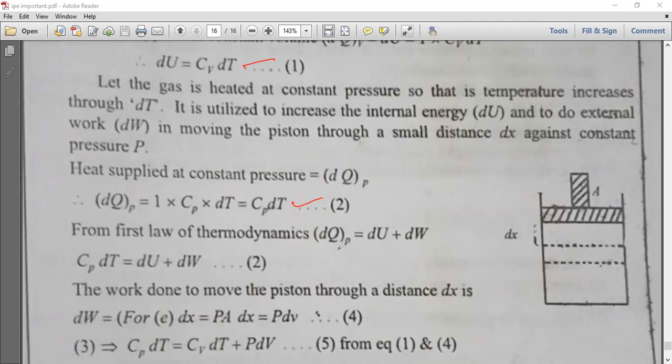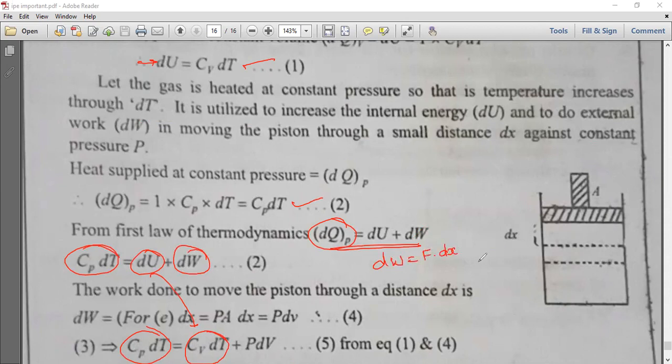Okay. Now use the first law: dQ is equal to dU plus dW. The dQ value we already got is CPdT. Substitute here. The dU value is CVdT. You can see here, this is CPdT, dU is this CVdT. And now this dW is there. dW is work done. Work done is force into displacement.